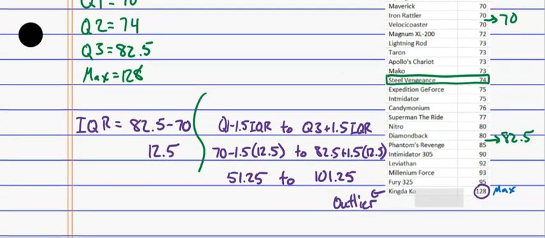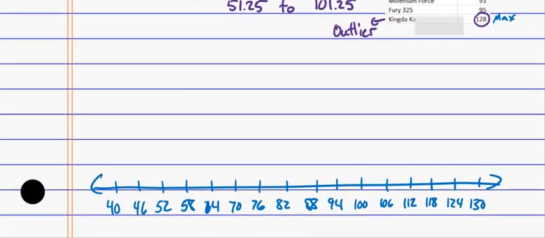Here's how that affects the box plot when we graph it. I've already drawn the number line to save a little bit of time. I'm still going to start by plotting the maximum and the minimum. The minimum was the 45, which is right around here, and the maximum was the 128, way up here somewhere.